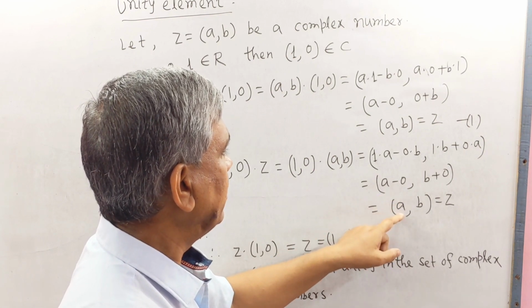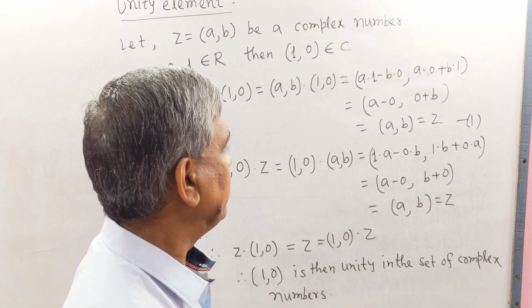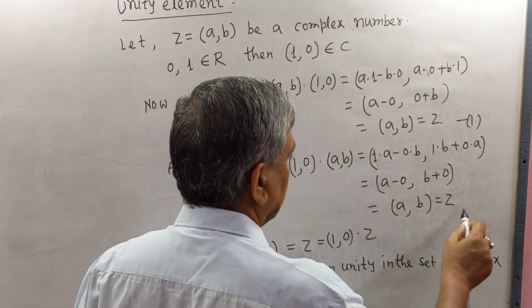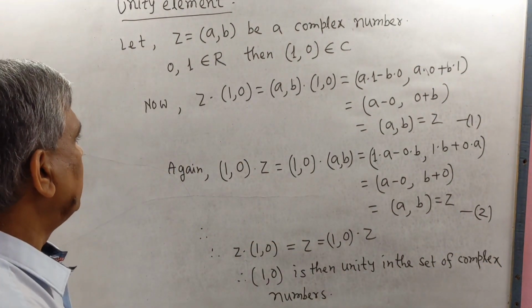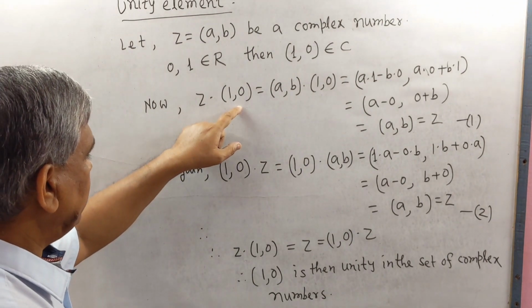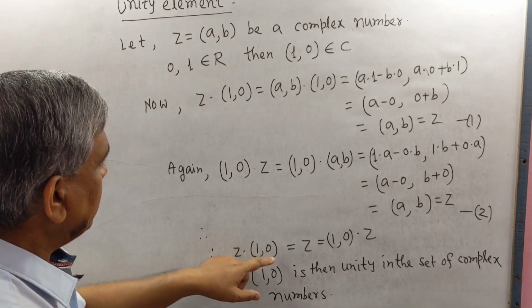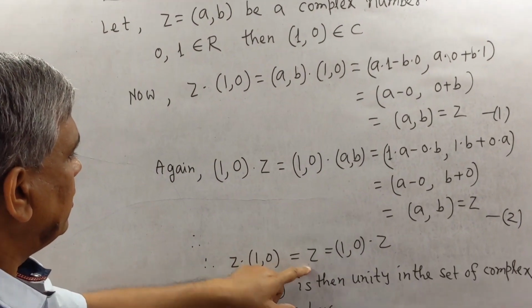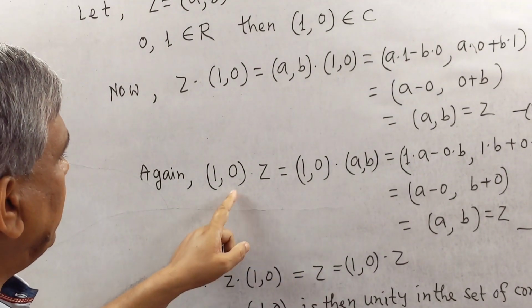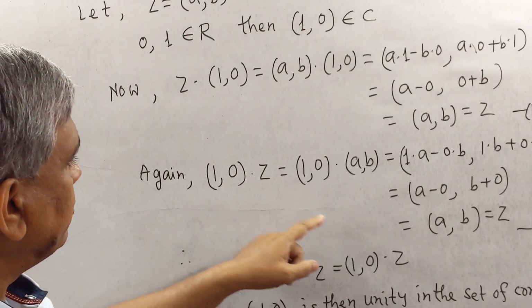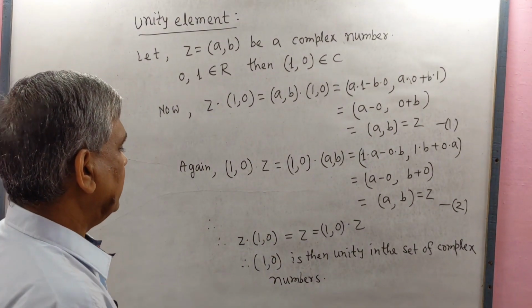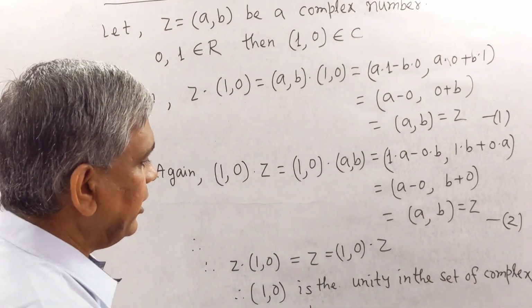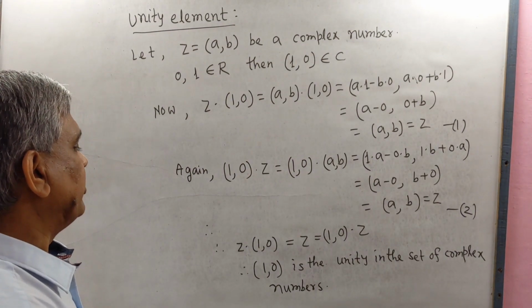So here A, here B, the ordered pair AB equals Z. This is number 2. From 1 and 2 we get Z into the ordered pair 1 0 equals Z equals 1 0 into Z. So 1 0 is the unity in the set of complex numbers.